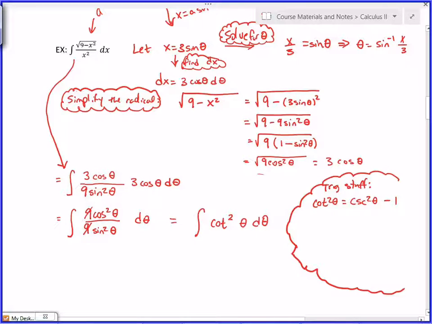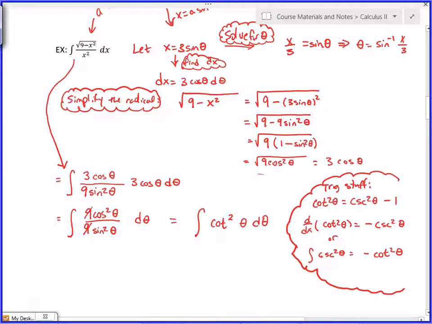And by itself, it doesn't look like that helps much, but there's also a formula that says the derivative of cotangent of theta is negative cosecant squared of theta, or the integral of cosecant squared of theta is negative cotangent of theta. All of these would appear on one of those tables.